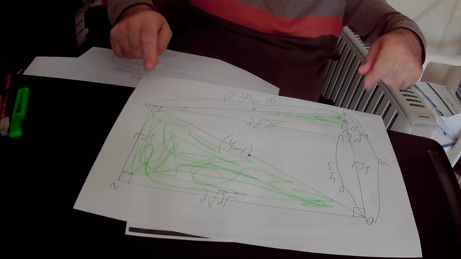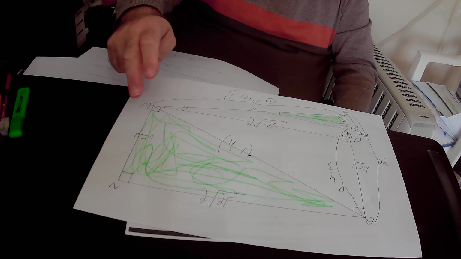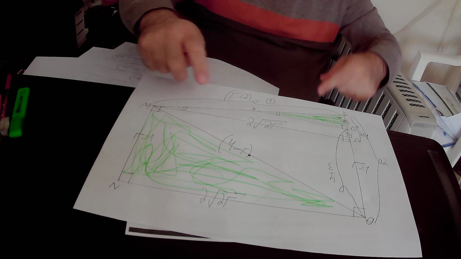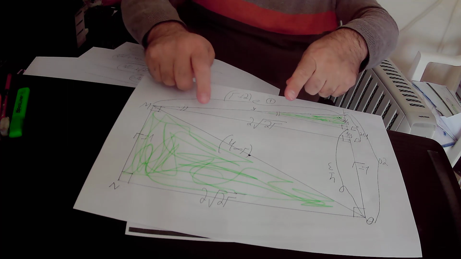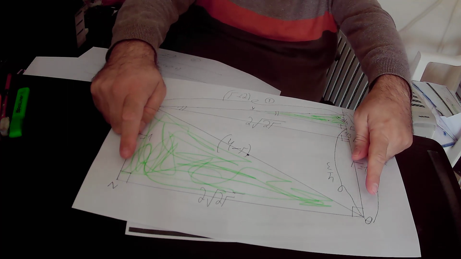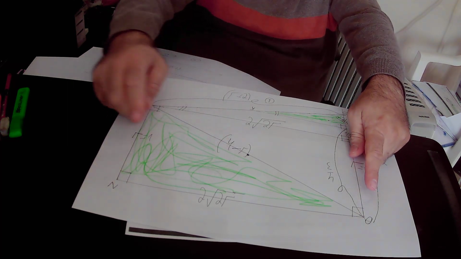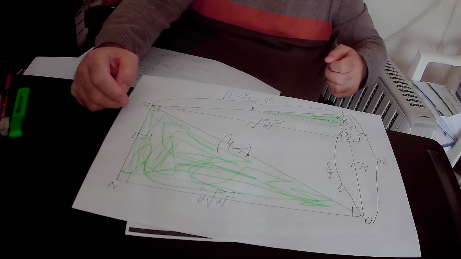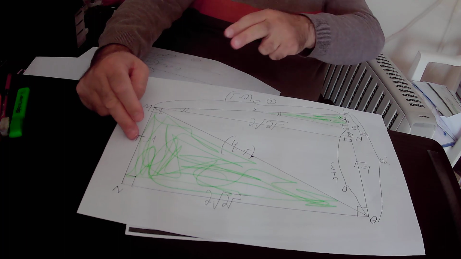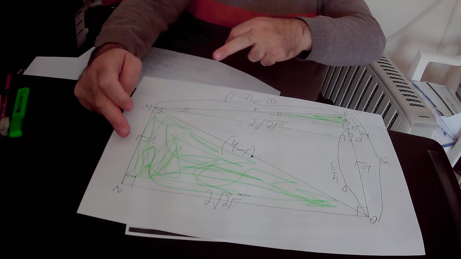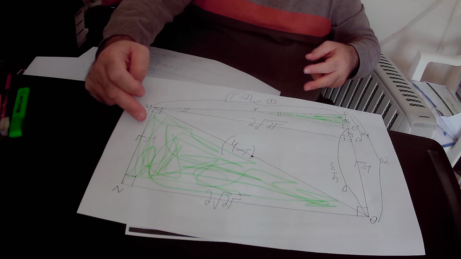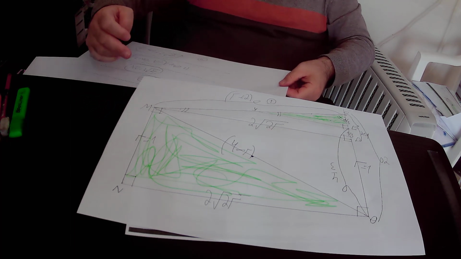OM, the hypotenuse of the right triangle M, N and O, equals 4 minus R. And we already found out that NO equals 2 times the square root of 2R, and MN is the radius of the small circle. So we focused on the green right triangle MNO, and we applied the Pythagorean theorem.